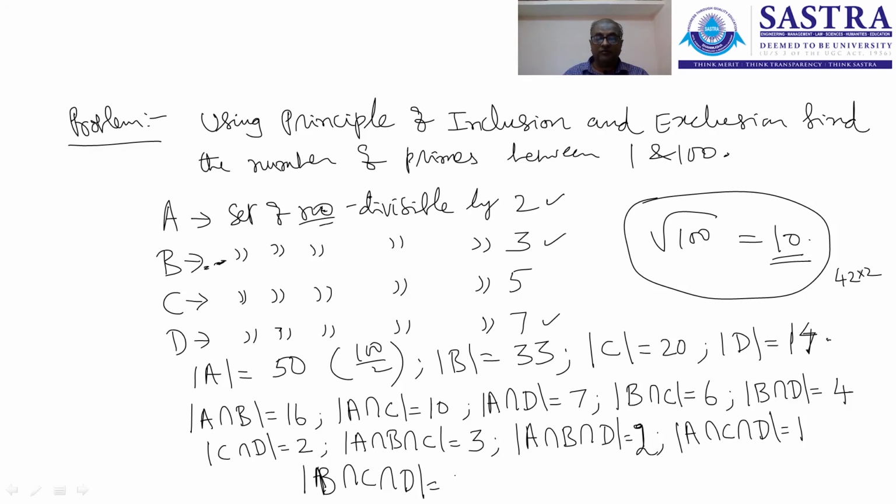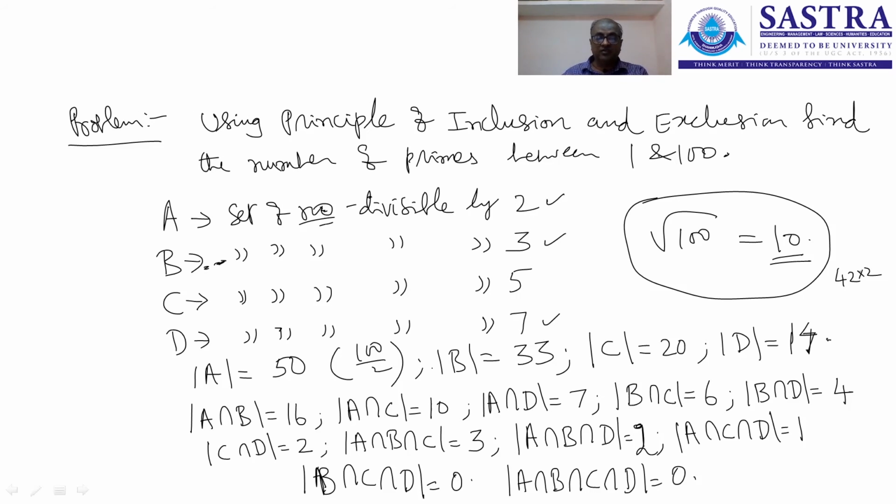So with 105, you don't have any numbers divisible by 3, 5 as well as 7. So this would be 0. And then of course cardinality of A intersection B intersection C intersection D would also be 0. That is the numbers which are divisible by 2, 3, 5 and 7.